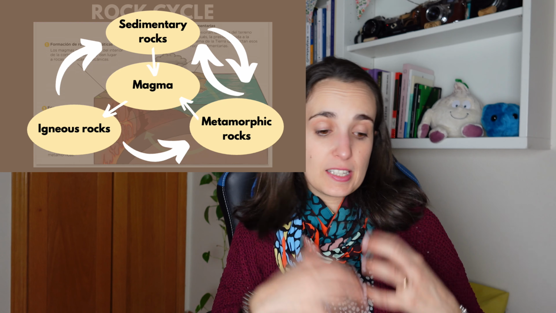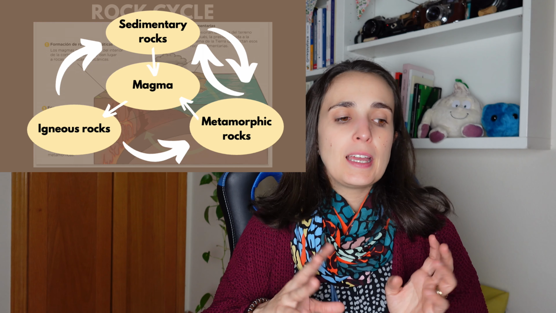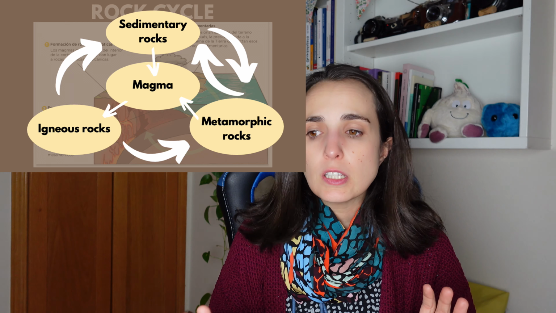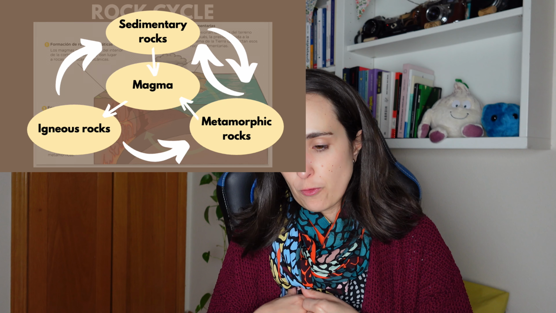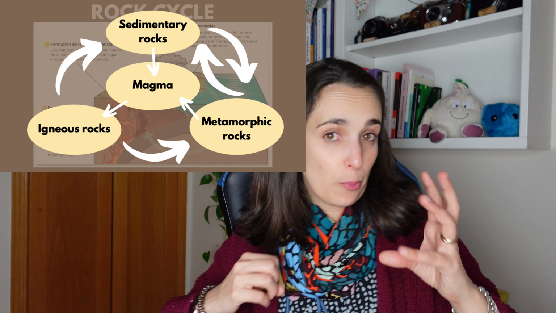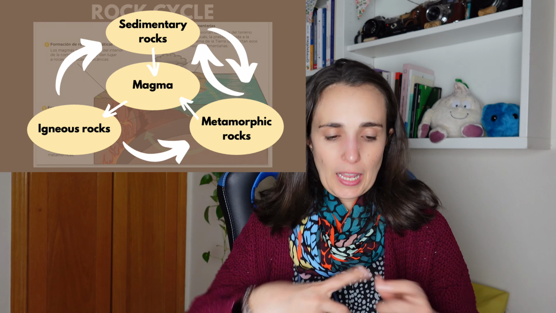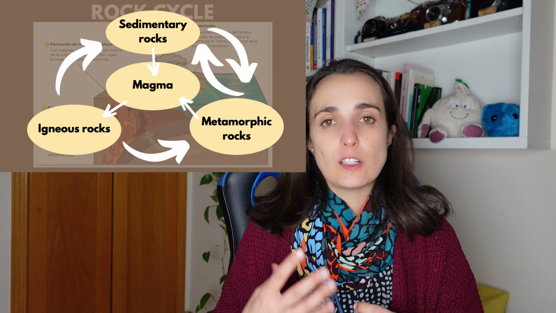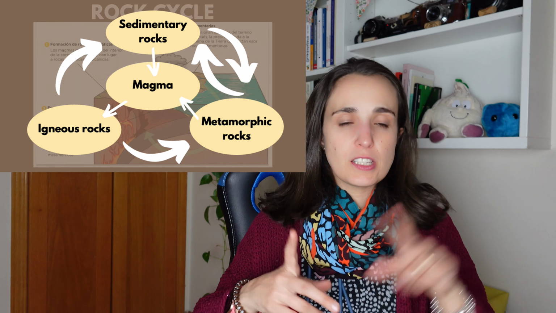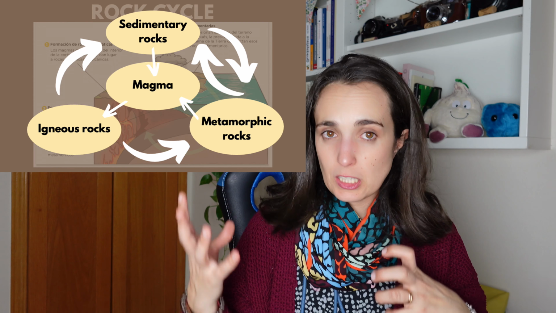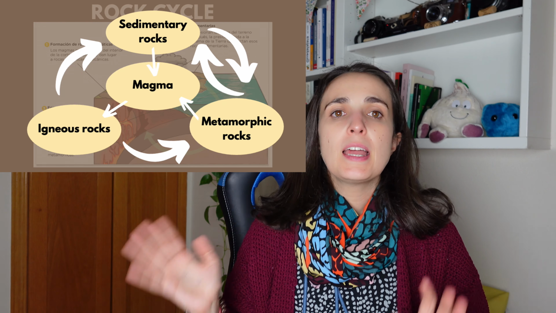Or they can stay inside the earth, transform into magmatic rocks, and in the future, if some inner process of fluids or pressure or temperature happens, they can even inside the earth be transformed into metamorphic rocks. So it's a complex cycle. They can change from each type of rock to each type of rock depending on the process.